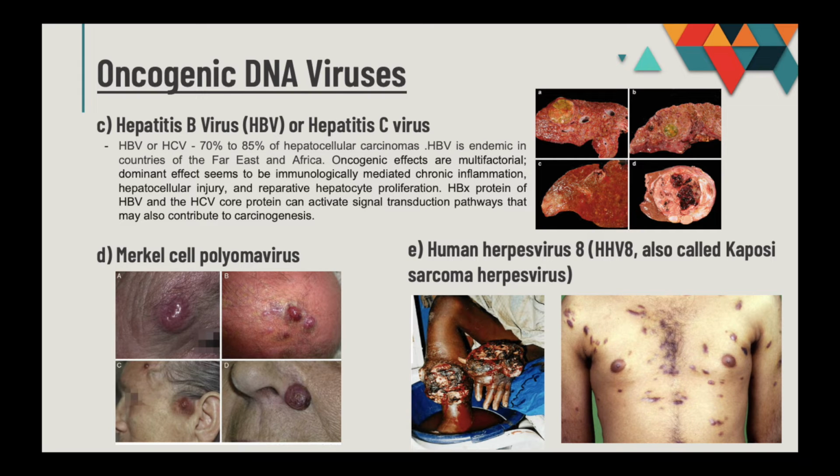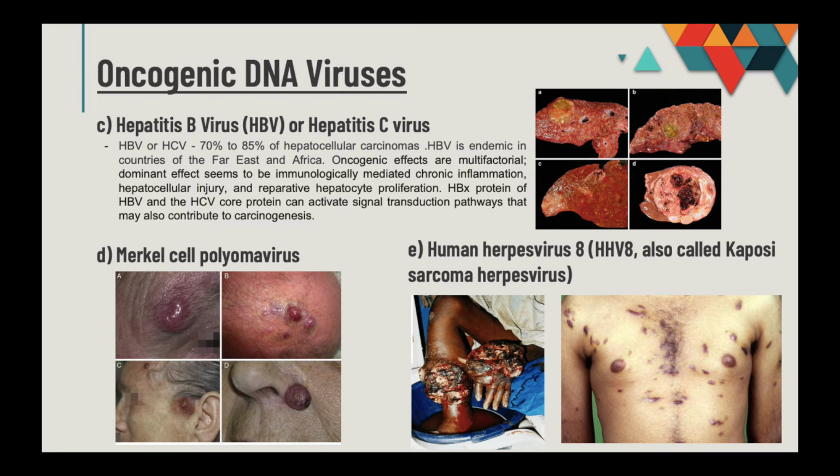Oncogenic effects are multifactorial. The dominant effect seems to be immunologically mediated chronic inflammation, hepatocellular injury, and reparative hepatocyte proliferation. HBX protein of HBV and HCV core protein can activate signal transduction pathways that may also contribute to carcinogenesis.